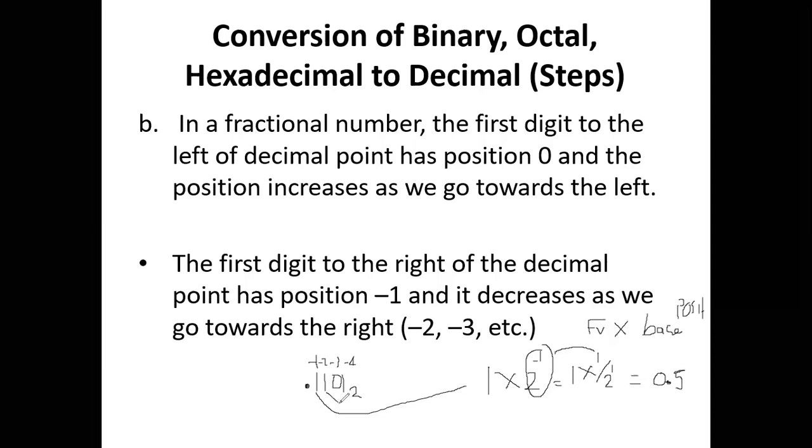Then let's come here. This is position -2. So this is the same as 1, which is the first value here, multiplied by the base, which is 2, and then the power -2.